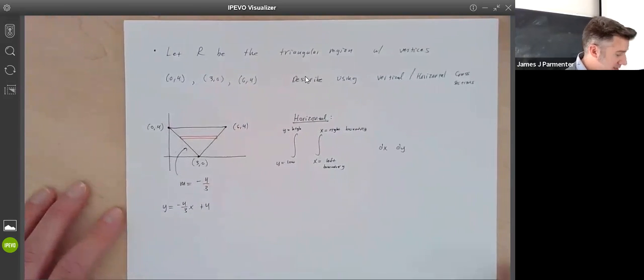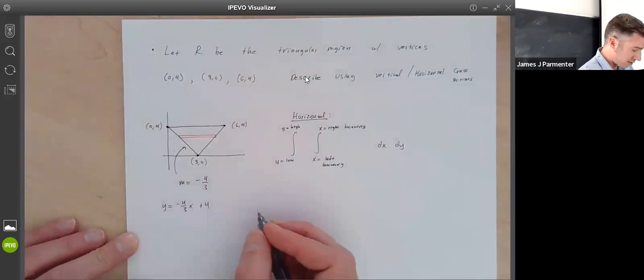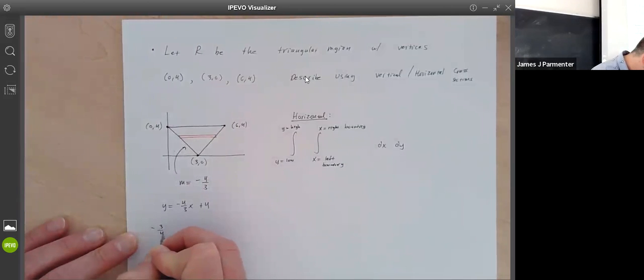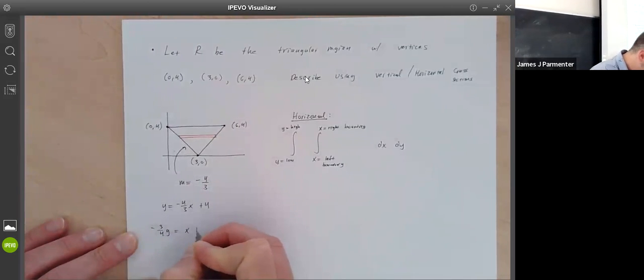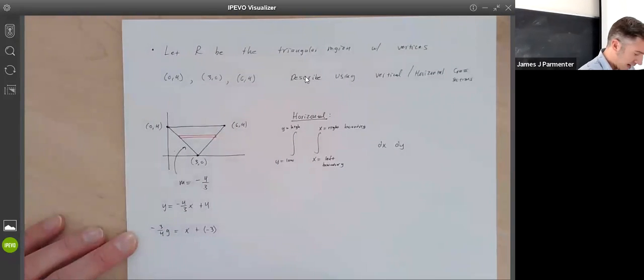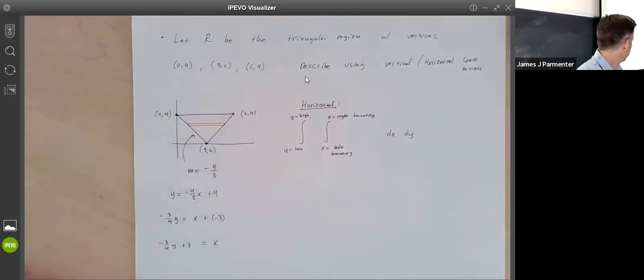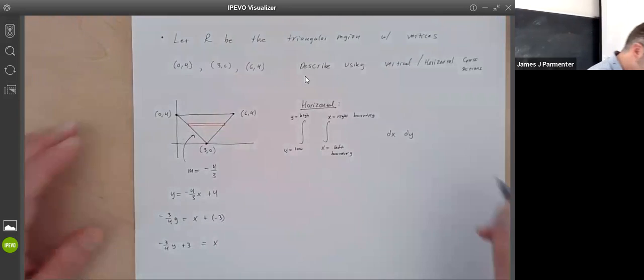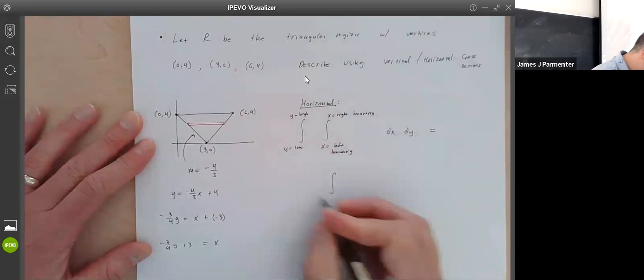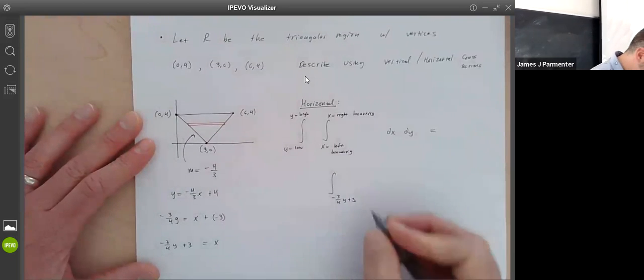Solving for x, because I want x as a function of y, I multiply everything by -3/4. 4 times -3/4 is -3, and adding 3 to both sides, x equals -3/4 y plus 3. That's my lower x boundary.